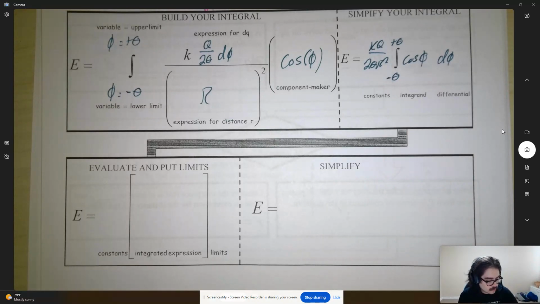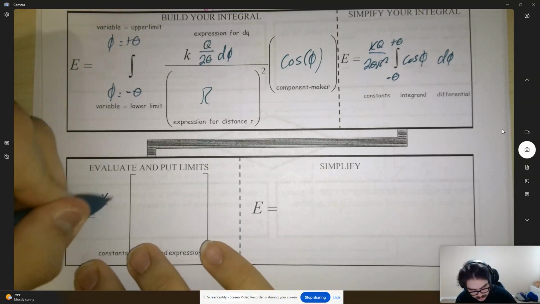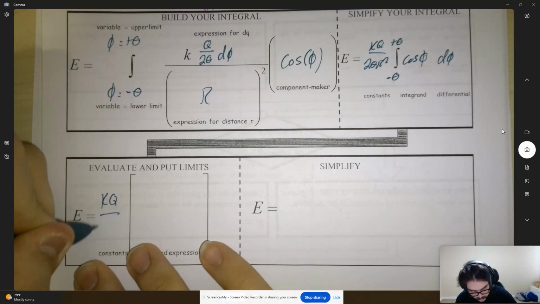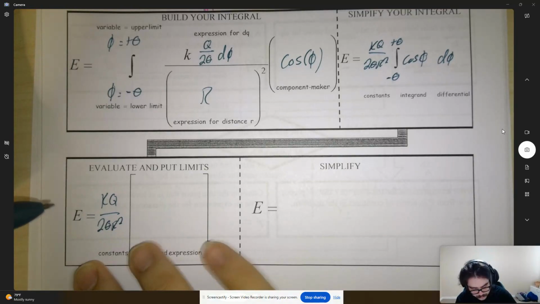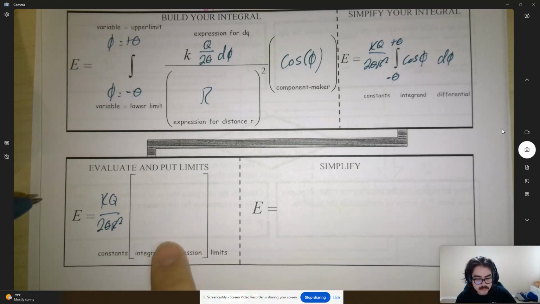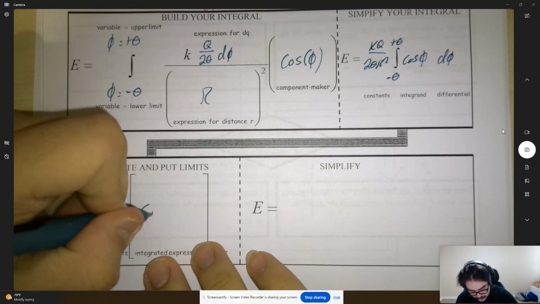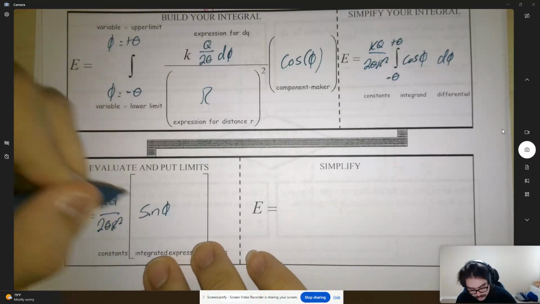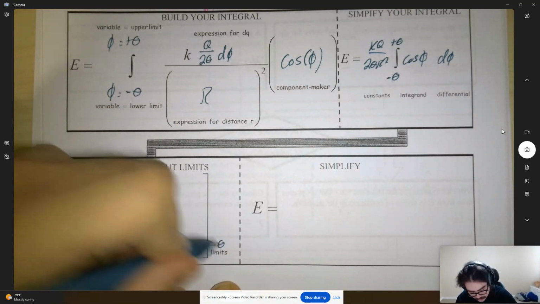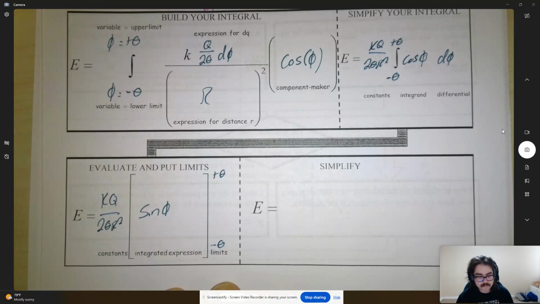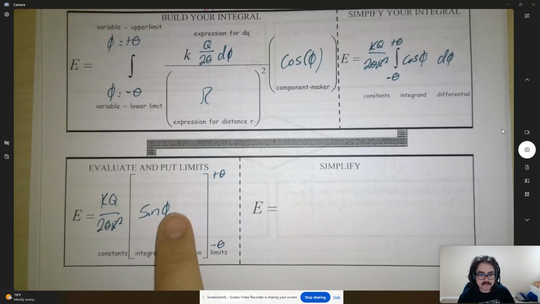Let me find which pen I wanted to use. Let's use this one. I guess I should use the same color, right? The constants are still going to be kQ over 2 theta R squared. The integrated expression is simply going to be sine of phi, and they still go from negative theta to positive theta. So then what ends up happening is I plug in my bounds.